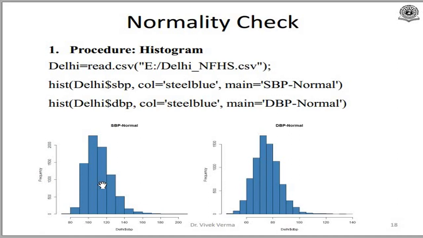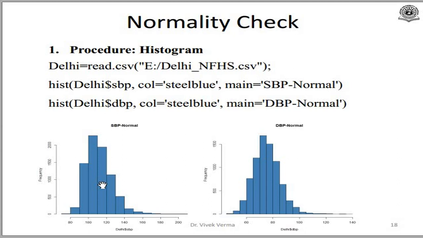The first part of doing any analysis using R is to import the data. Here we have stored the data in CSV format, and the code for importing the data is read.csv with the destination folder containing that particular CSV data set. As we have talked about, the first step is to check normality.